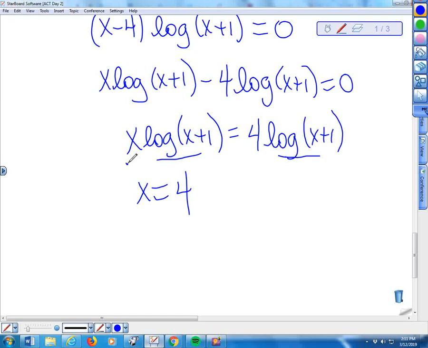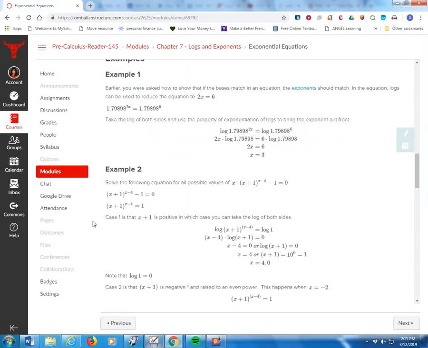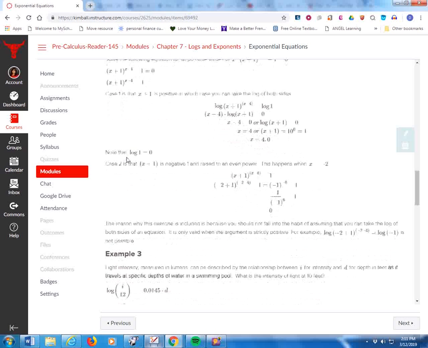Just thinking about it. If x was 0 here, and 0 here, what's log of 1? 0. So it could also be 0. 0 and 4. I'm wondering how they solved this in the book. So what they did is they just used two factors.